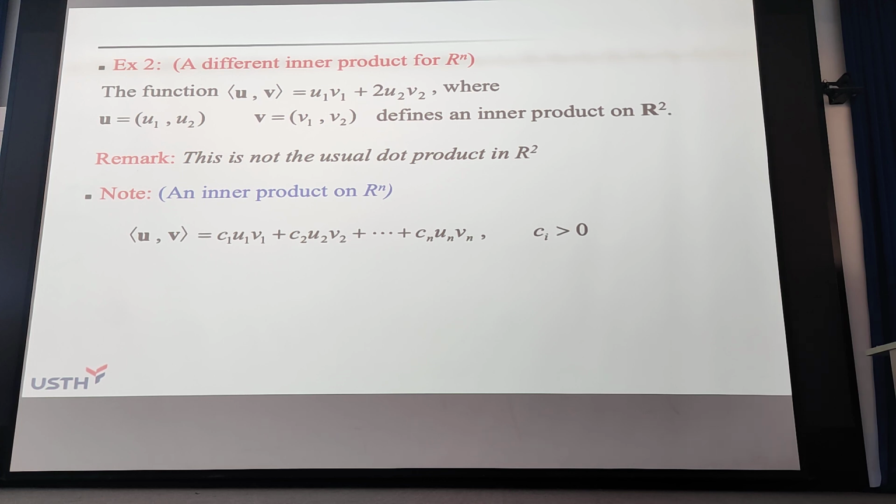I claim to you that any inner product on Rn must be of the form C1 times U1 V1 plus C2 times U2 V2 up to Cn times Un Vn, provided that all the coefficients C1, C2, up to Cn are positive. And last week I gave you an example where one of those coefficients Ci is negative, and then the function is not an inner product.